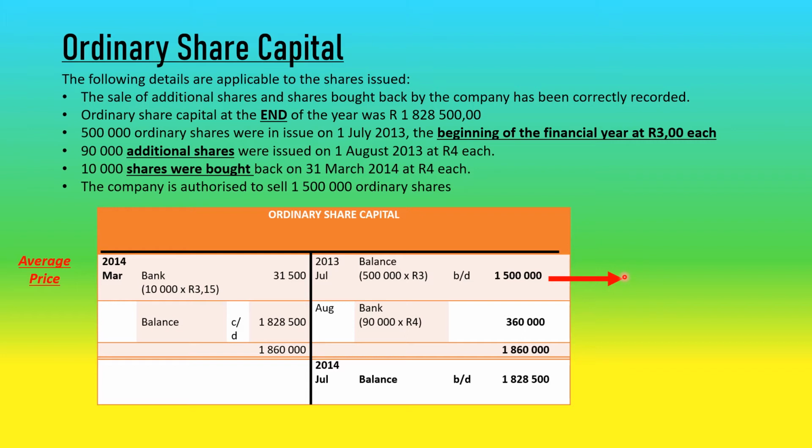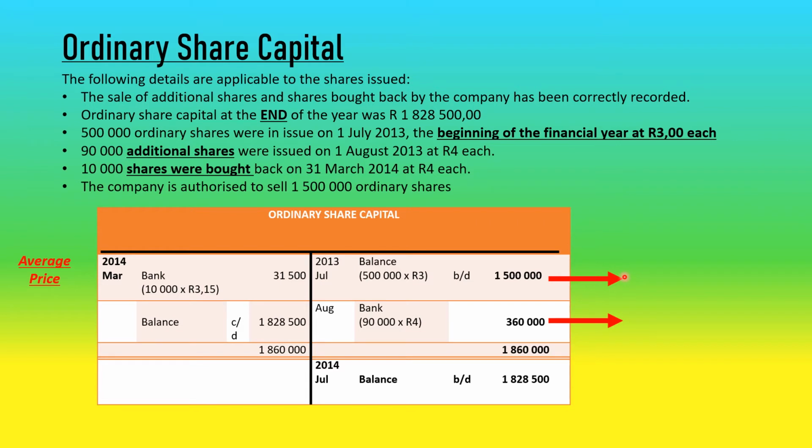In return, they've given the company money. So this is what shares are for a company. Shares are very important for a company because this is the money that they use to fund the operation and all their activities. In return, the shareholders would then get dividends for these shares.